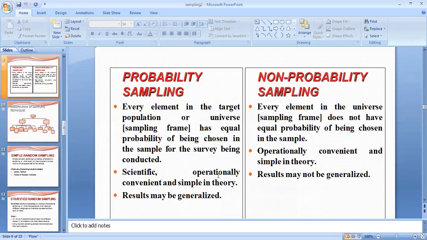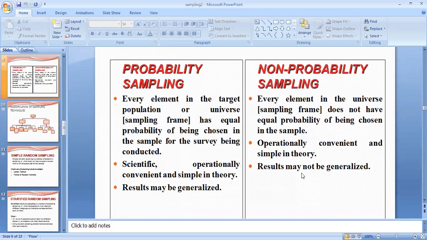The second one is scientific, operationally convenient and simple in theory. Results of probability sampling may be generalized, but in non-probability sampling, results may not be generalized.